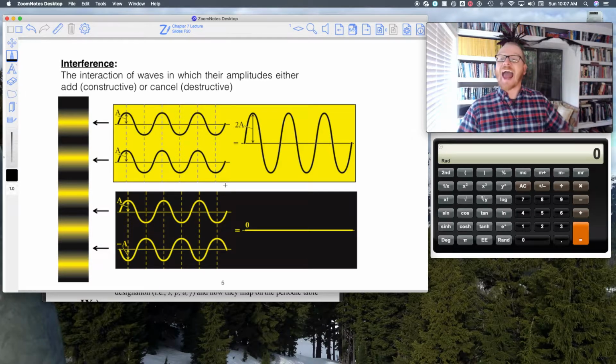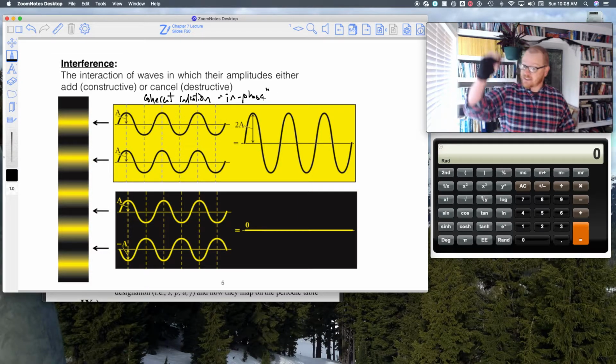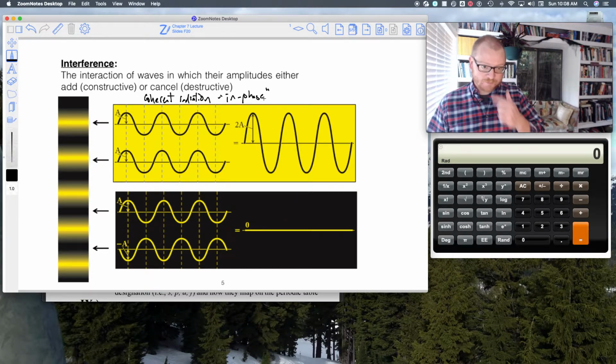So when we start adding light waves together, okay, if they have the same frequency, as you can see here, and those are aligned, we call this coherent radiation, or another way to call that would be in phase. So the peaks and the troughs are lined up, okay?